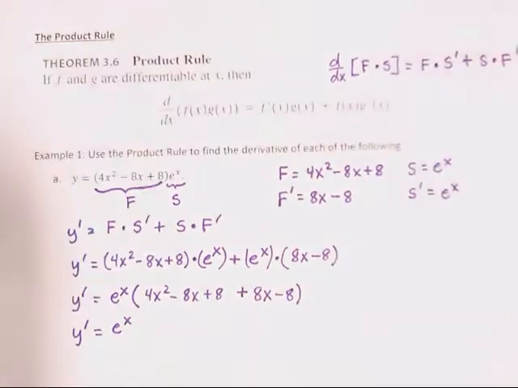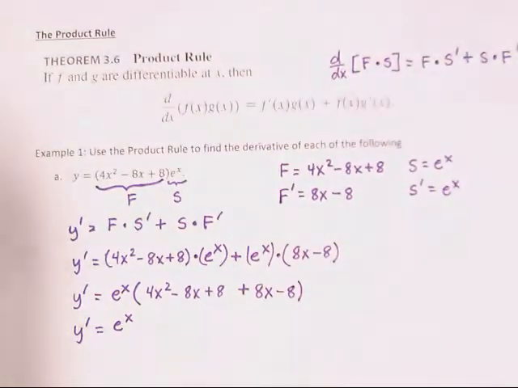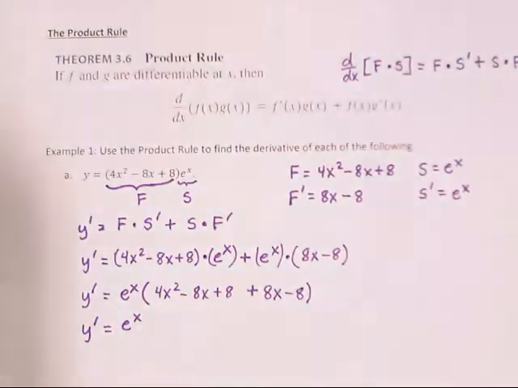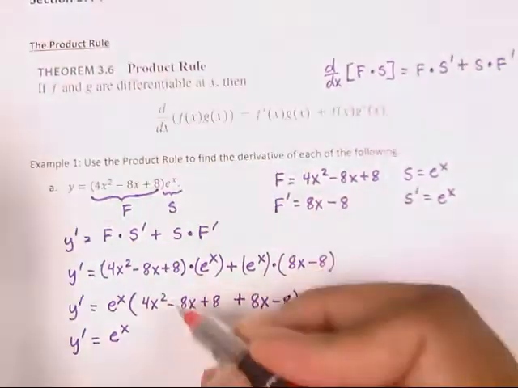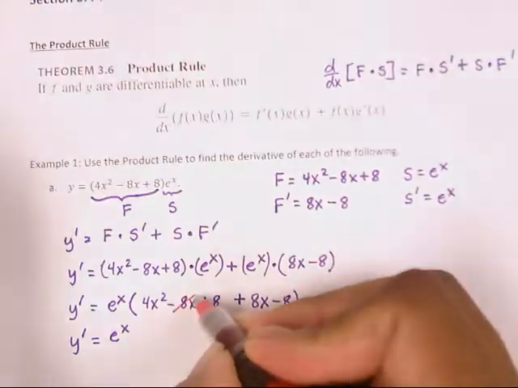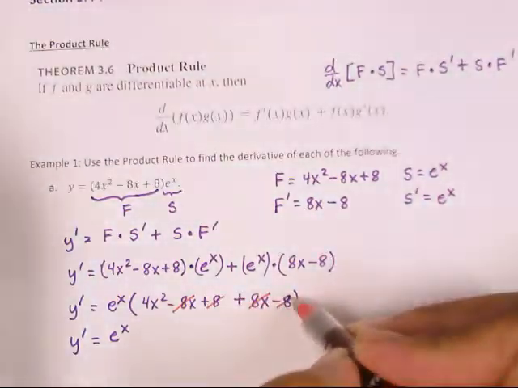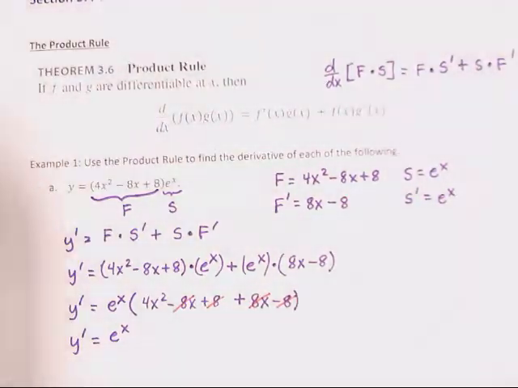Now, it's going to be easier for me to simplify what's inside the parentheses here. So I brought down the e to the x. So here, if I simplify, that minus 8x and that plus 8x, that's gone. And then plus 8 and a minus 8, that too is gone. I'm only going to be left with just simply 4x squared.